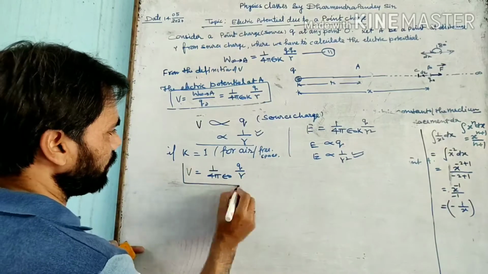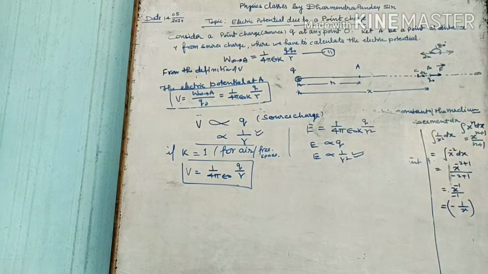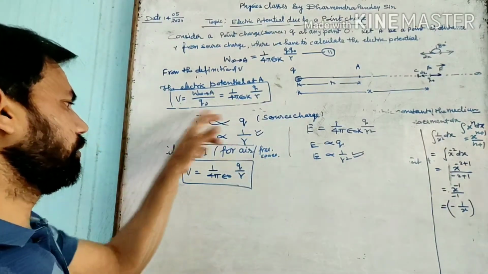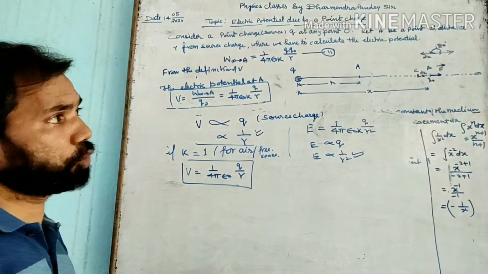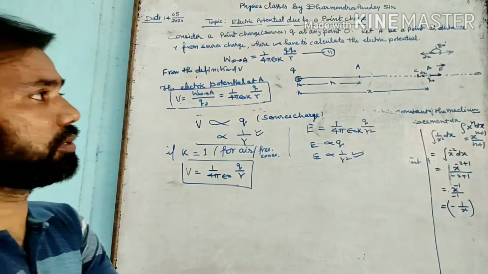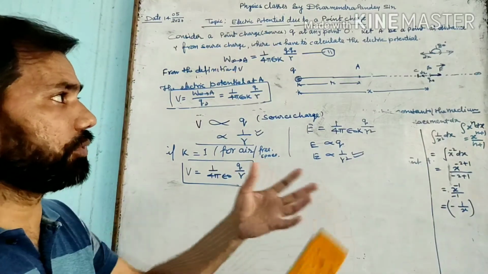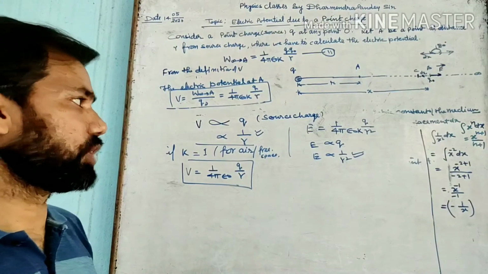This is the expression for electric potential at a point because of any source charge in the field. Now, how do we calculate the electric potential at a particular point because of not a single point charge, but because of a group of charges or multiple charges which are discrete?